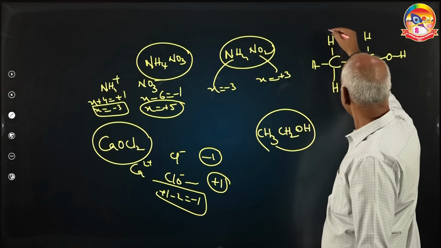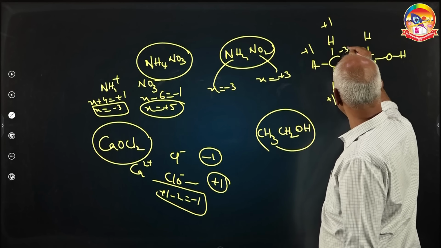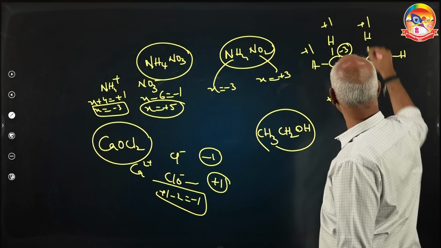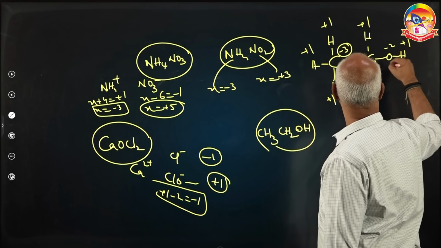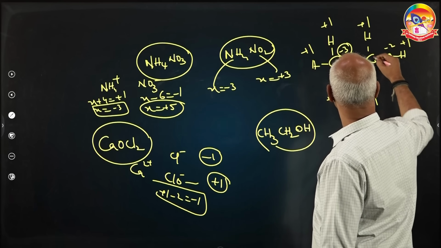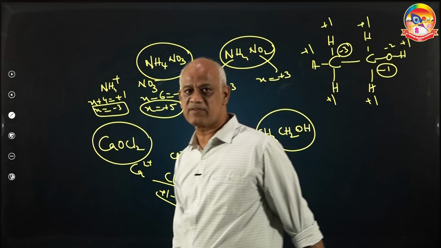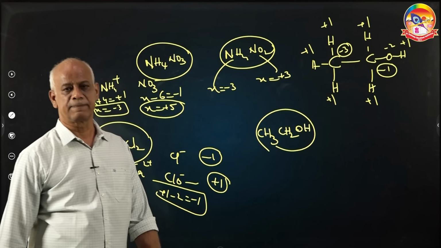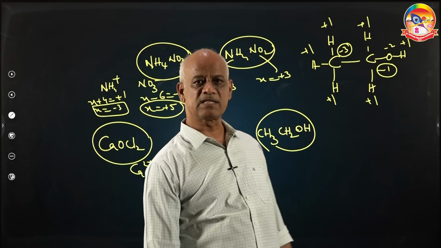You can see +1, +1, +1. Hence it will be -3, +1, +1, -2, +1, +1 and -1 get cancelled. Here it is -1. The oxidation states of carbon in ethyl alcohol will be -3 and -1.